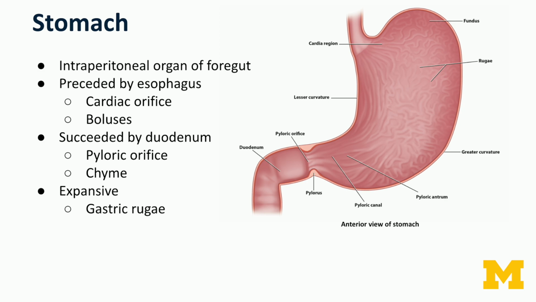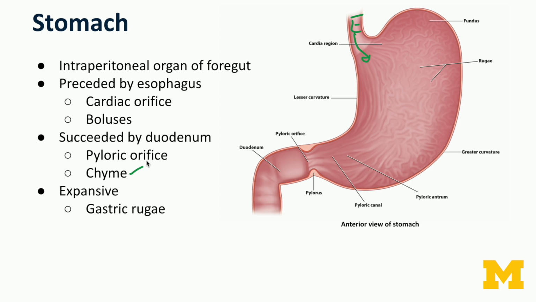The stomach is an intraperitoneal organ of the foregut. It is preceded by the esophagus. It receives boluses of food through the cardiac orifice into the cardiac region. And then the stomach is going to mechanically and chemically break down that food, those boluses, into a substance known as chyme.